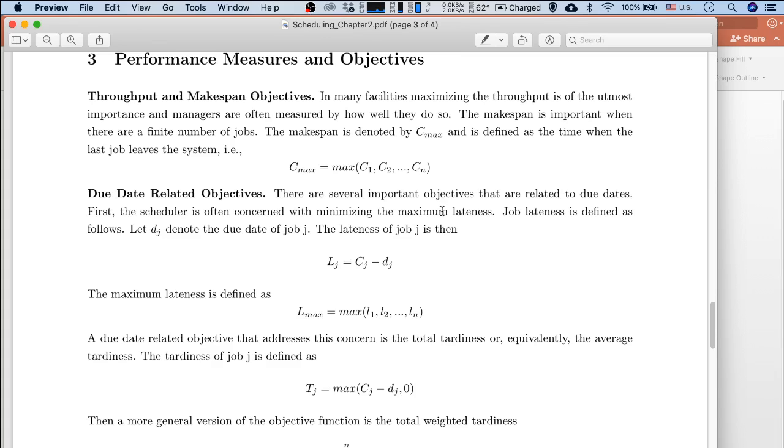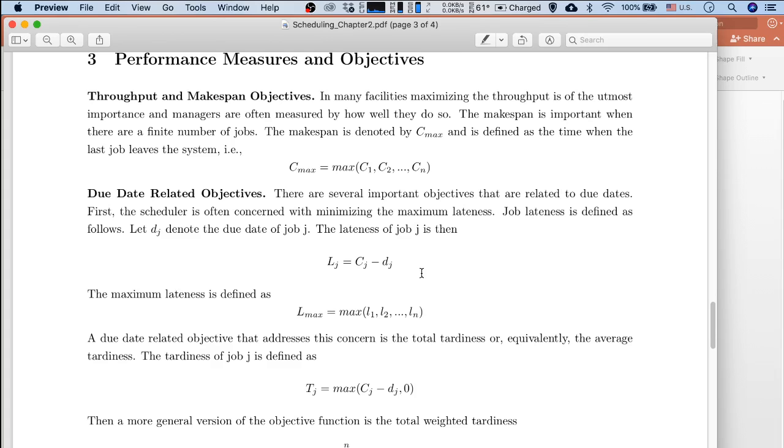The first one relates to the lateness, right? So lateness of one job will be completion time minus the due date. For example, if you have promised you will finish the job at day 10, and the real completion time is day 12, right? So the lateness will be 12 minus 10, equal to 2, right?